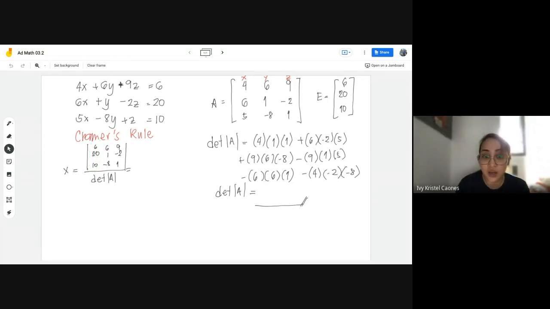Then, after that, you need to perform the determinants of this new matrix, then divide it by the determinants of the A. So yes, determinants of A is negative 633.